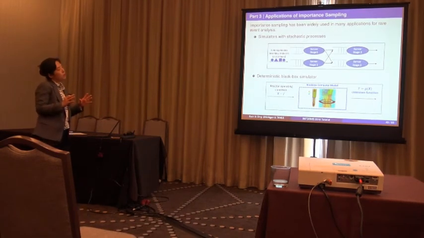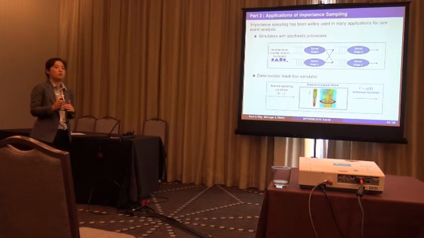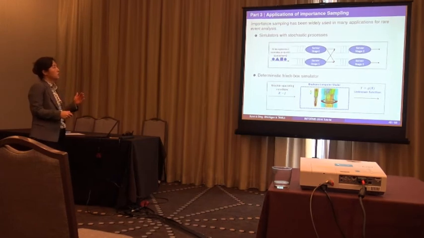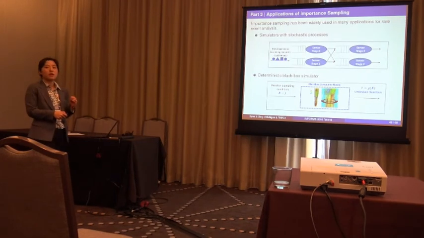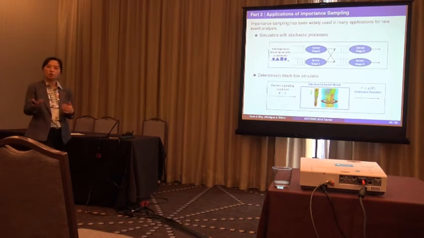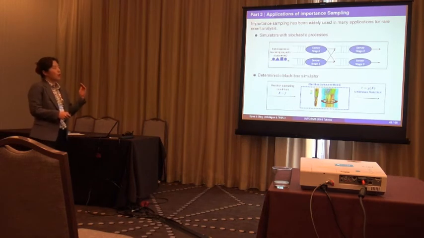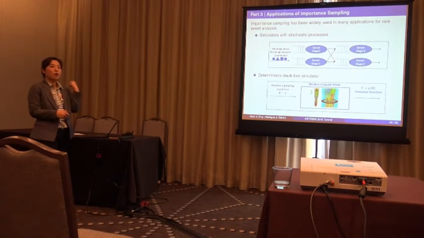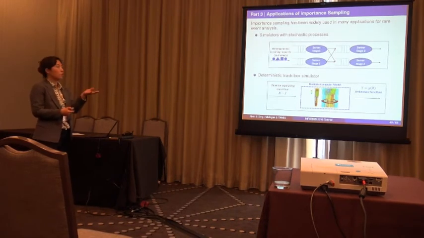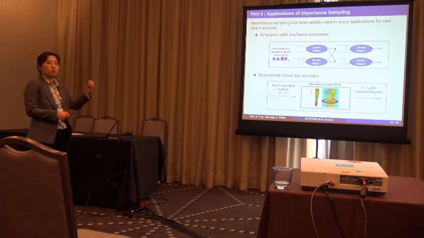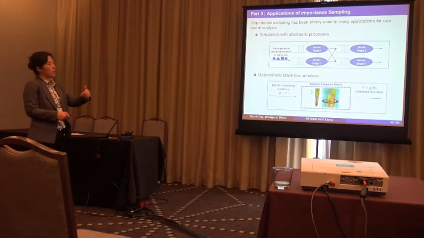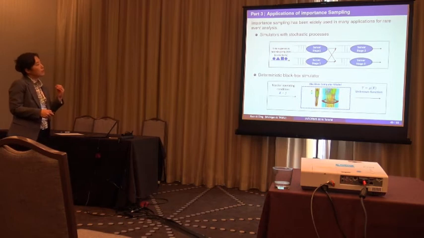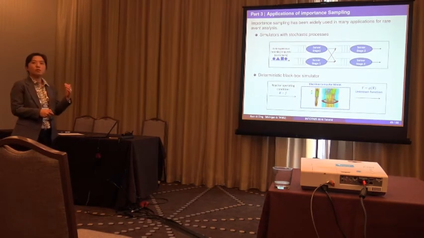Broadly, they use importance sampling techniques in two different types of simulation tools. The first is simulators with stochastic processes. You can imagine queuing systems: customers come, take several services, and then go out. For example, in a call center, when you call, you may need to wait, and then your call can be transferred to some operator and the next operator. This is a stochastic process.